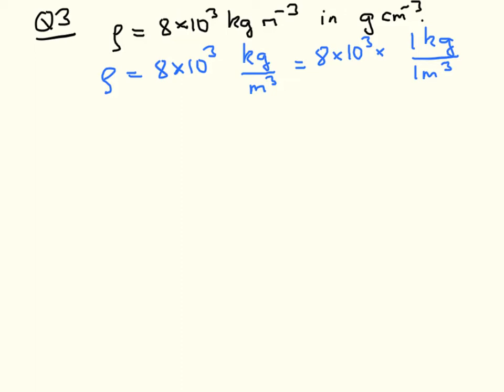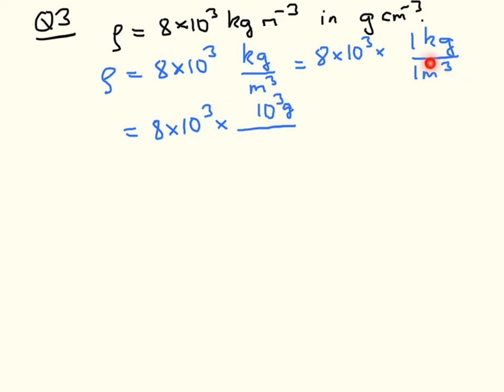So we say that our density is 8 times 10 to the 3 times, and 1 kilogram is 10 to the 3 grams. So we want this in grams per cubic centimetre. We change the kilogram into grams. And if you have a kilogram, you have 1,000 grams, so we expect this to be a larger number, increasing the result.